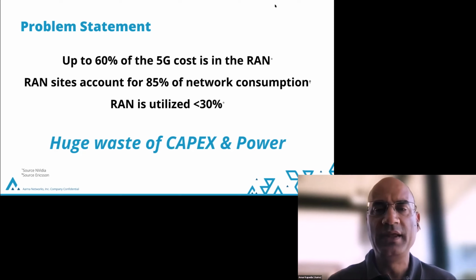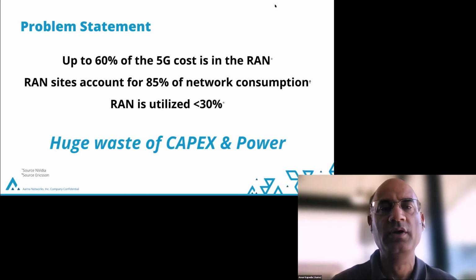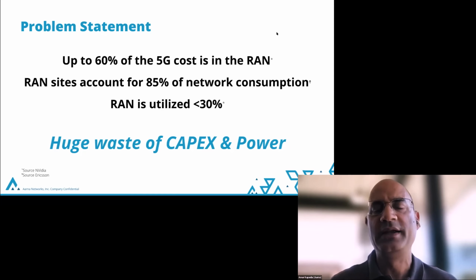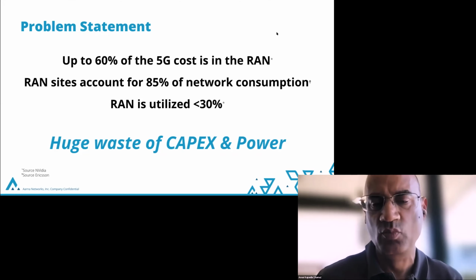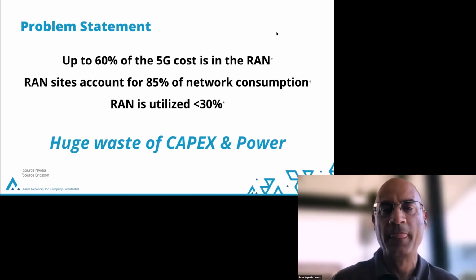So you have something that's costing you the most, consuming most of your power, but utilized at a paltry number of 30%. It's a huge waste of CapEx and power. So this is the problem statement, and this directly affects the CapEx for 5G rollouts. It impacts the velocity of 5G rollouts, because MNOs can only absorb so much CapEx in any given year. So this is just not a great situation.